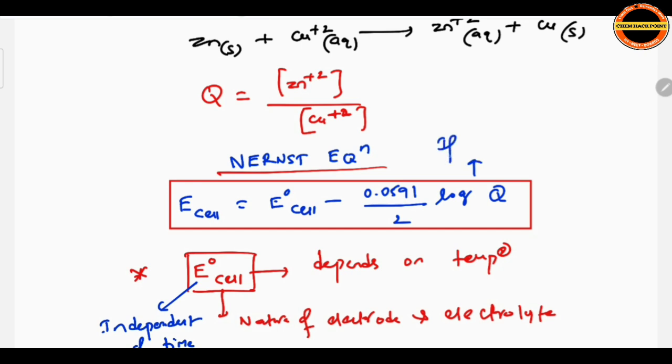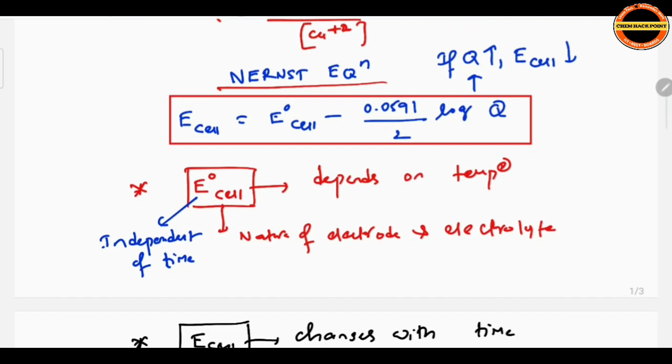Important point: if Q value increases, E cell value decreases. And one more most important point: E naught cell depends on temperature, nature of electrode and electrolyte. It is independent of time.